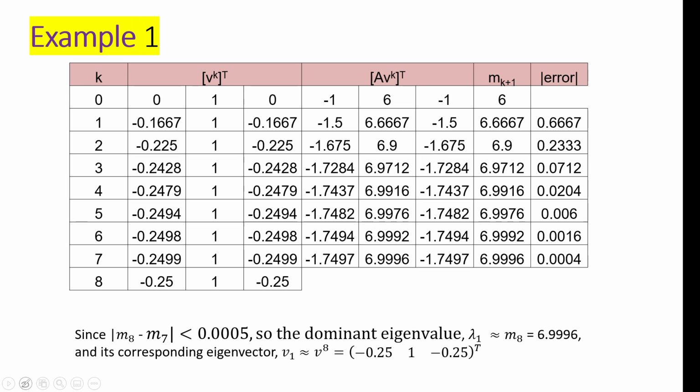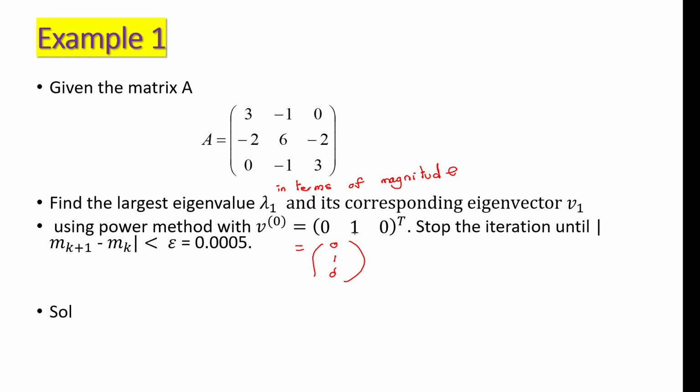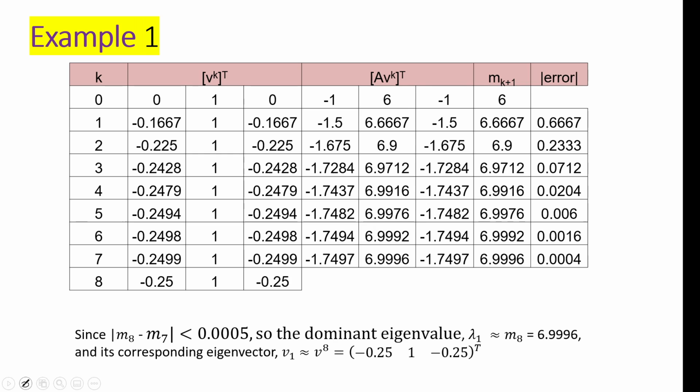So what's the matrix A? Just now, 3, negative 1, 0. Let me jot it down first. You will intensively be doing A times V. A is a matrix, V is a vector.